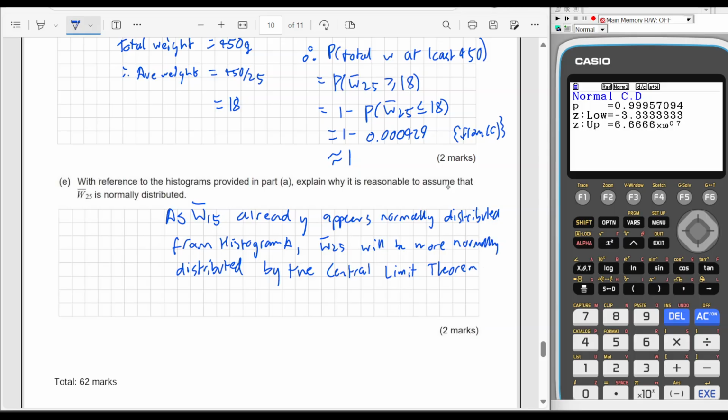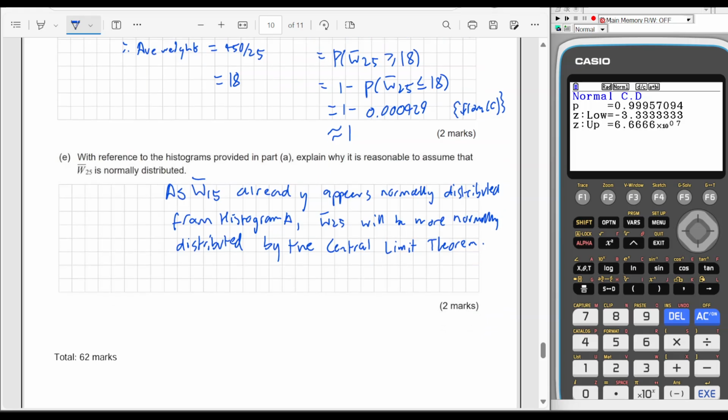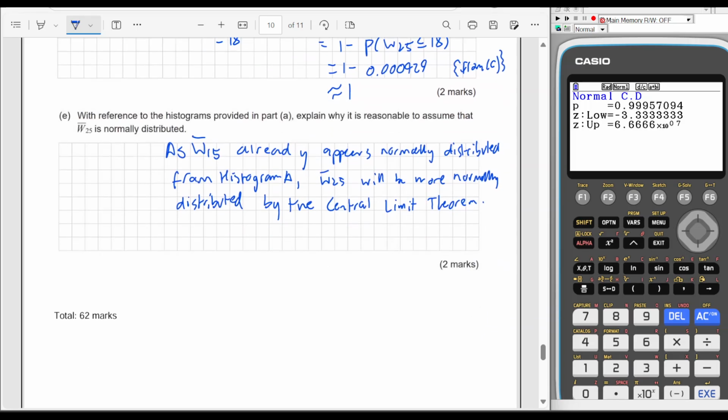If you're running out of time, you can say CLT as an acronym, but it's better if you write out the whole thing if you do have time for it. And that's it.